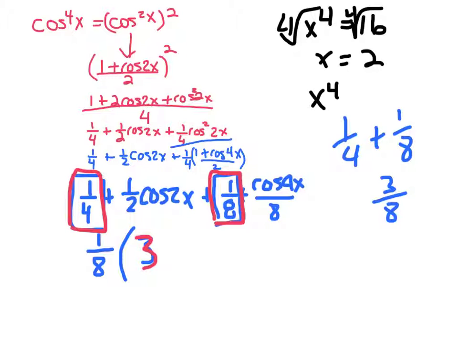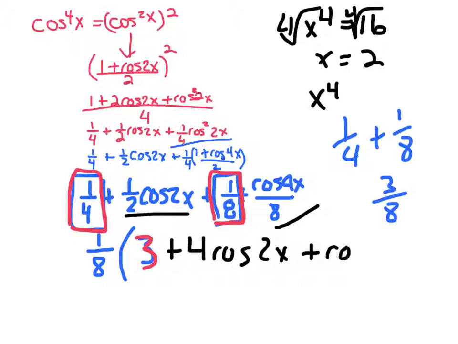And then if you pull 1/8 out of the 1/2, let's see, 1/8 times 4 is a 1/2, so this piece becomes 4 cosine 2x. And then this last piece right here becomes cosine 4x.